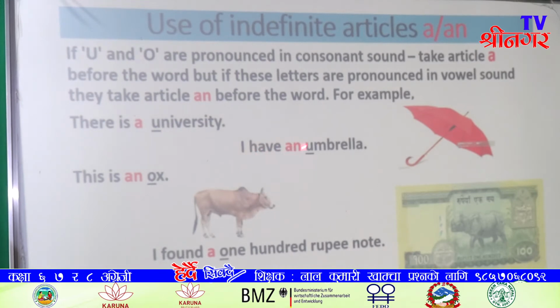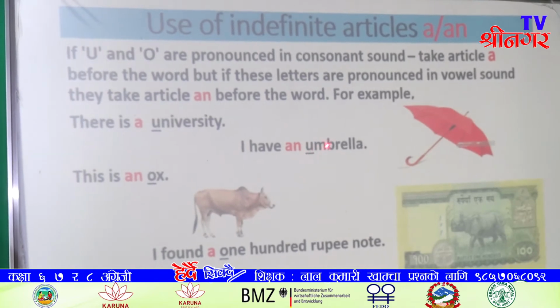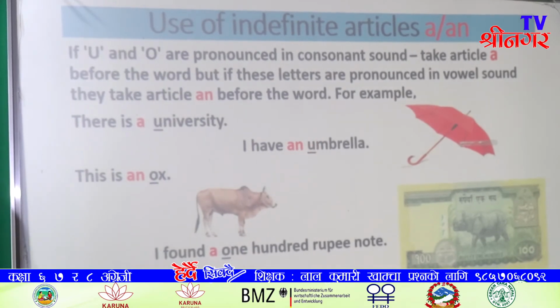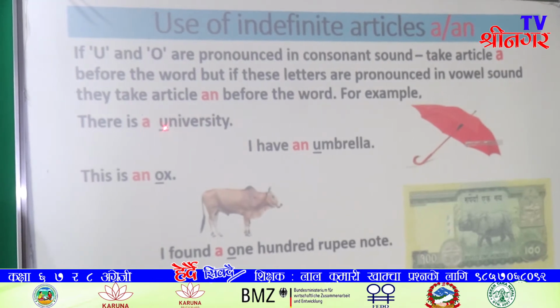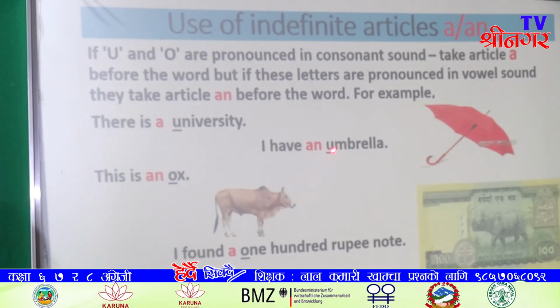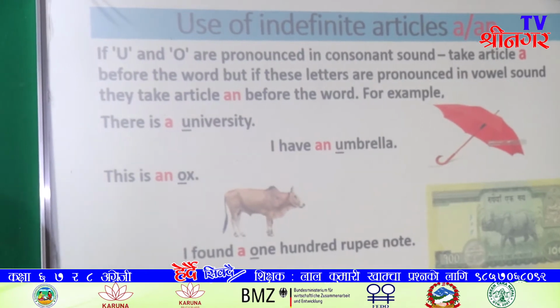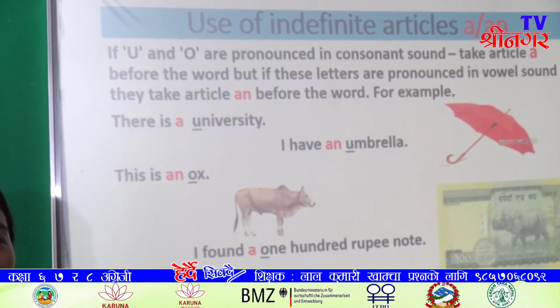And in the next example, "I have an umbrella." This word umbrella also starts with U, but in this word we pronounce this U as A, "umbrella". In "university" U is pronounced as U, but here we pronounce it as A. And you know A is a vowel sound.